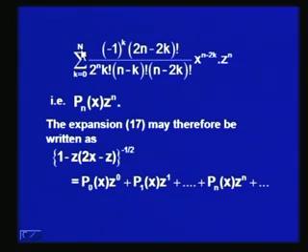Here we may recall that the value of this capital N is n by 2 if n is an even integer, and the value of capital N is (n minus 1) by 2 if n is an odd integer.